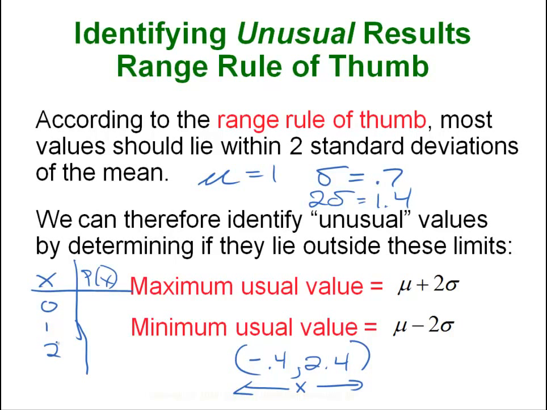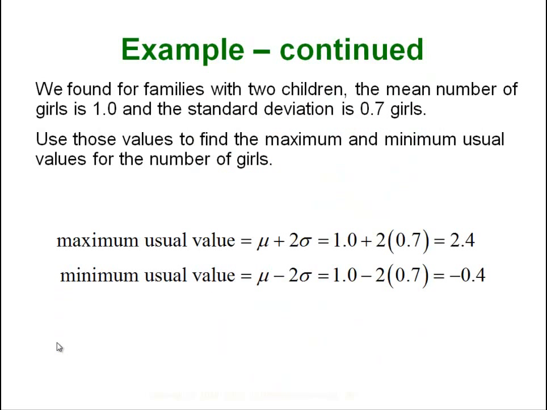So this is a very silly example of unusual only because our random variable was so small. It only had 3 values, 0, 1, and 2. When we start working with more realistic data with bigger ranges, you'll see that this range rule of thumb actually does make sense. This is just formalizing what I said before.